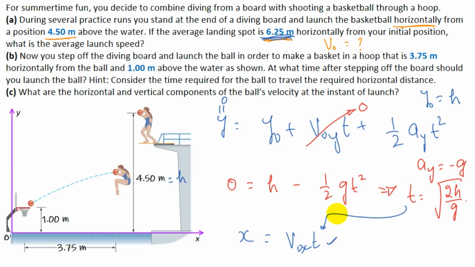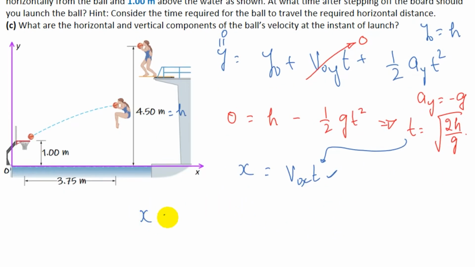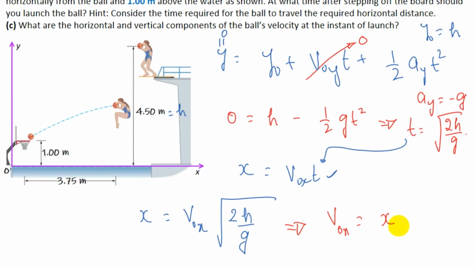So x equals v0x times the square root of 2h over g. From here we can find the horizontal velocity, so v0x equals x times the square root of g over 2h.